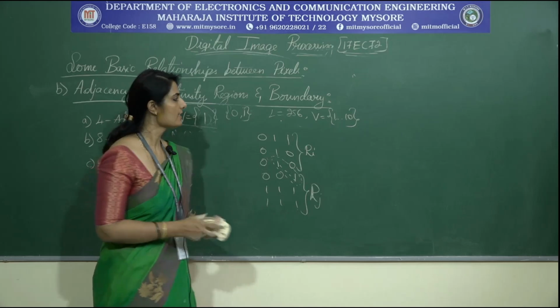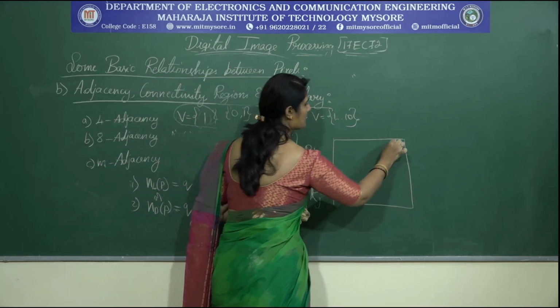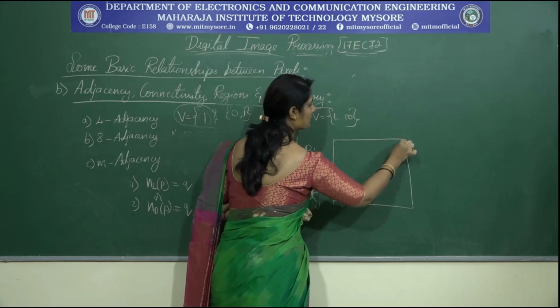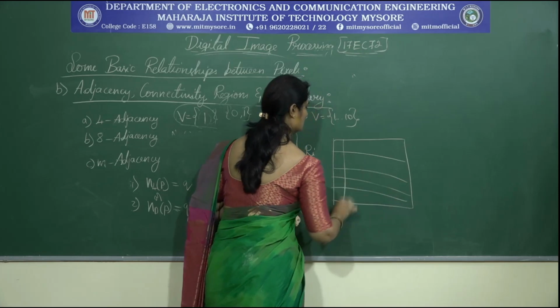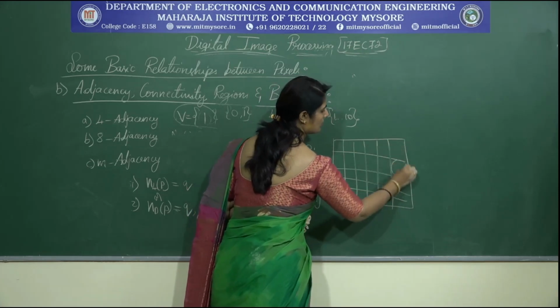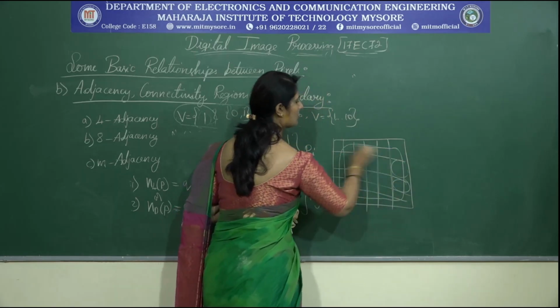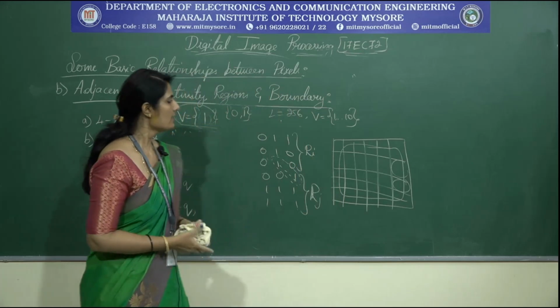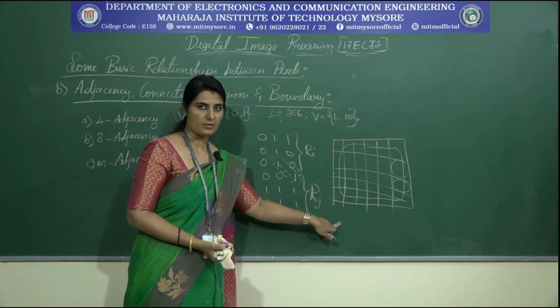Boundary means, suppose you have an image, some of the pixels lie at the boundary of the image. These are all boundary pixels. There are boundary regions also.